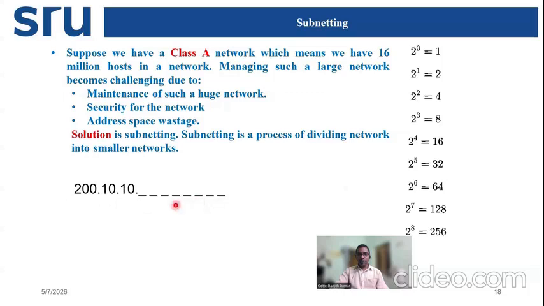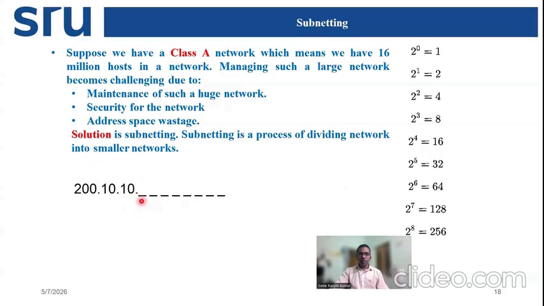From these 8 bits, if you consider only 1 bit as a network address, already these first 3 bytes are the network address, total 24. So if you consider 1 bit to divide the network, then 24 plus 1, total 25 bits are used to represent the network. From this host ID part, 1 bit is considered to divide the network.